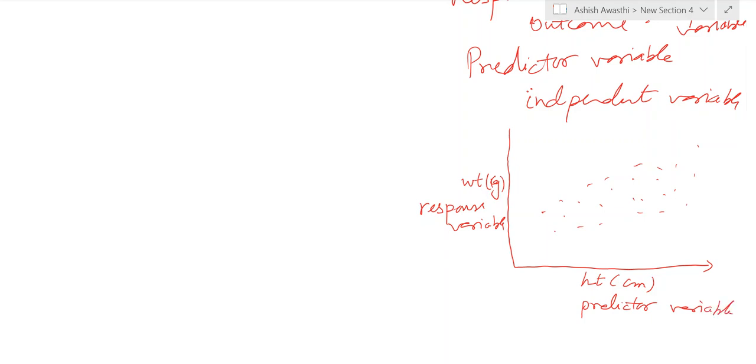To predict the response variable from the predictor variable, we may need a best fitted line passing through these observations on this plane. Suppose this is the line we have fitted. There may be n conditions of these lines. Someone may prefer to plot the line this way, someone else may say the line will pass from here.